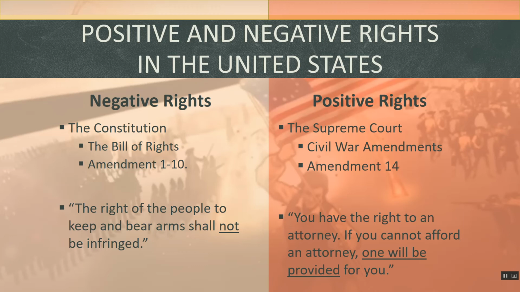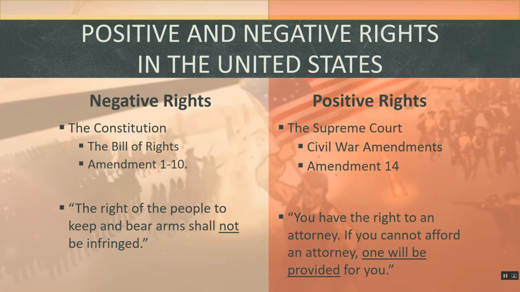So where then do the legal protections for and recognitions of our positive rights come from? Well, they come from the United States Supreme Court's interpretation of the Constitution. And more specifically, they come from a series of Supreme Court rulings in the early 1900s that focused on the 3 Civil War amendments, 13, 14, and 15. And in particular, that focused on a specific clause within the 14th Amendment, which told us that no state shall deny the equal protection of citizens on the basis of their race.